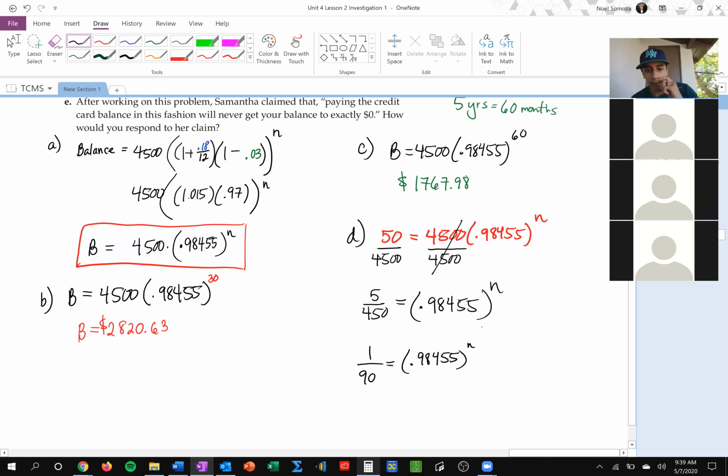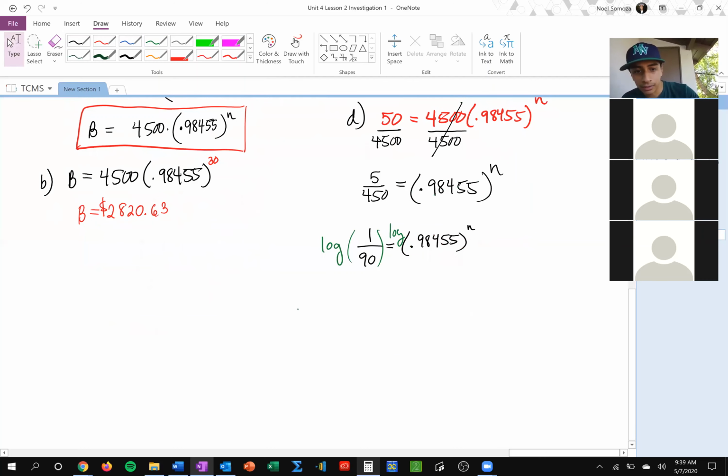Okay. All right, in this case, you might be wondering, do we use log or do we use ln? Remember, ln was only utilized when we had e, and in this case we don't have e, so we can just apply a regular log. So we want to apply a log to this side, and we want to apply a log to this side.